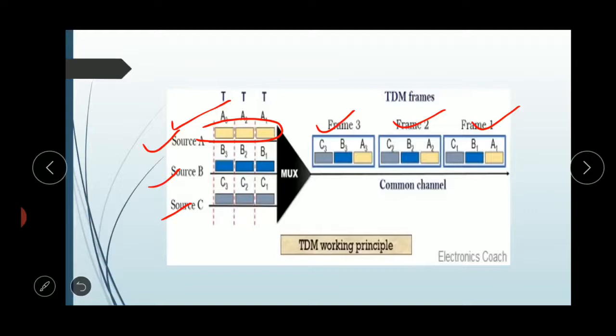So this is the basic principle of TDM. Here we have taken the example of three different sources, but one can perform multiplexing of n source signals. Both analog and digital signals can be multiplexed using TDM, but its processing technique allows the multiplexing of digital signals.